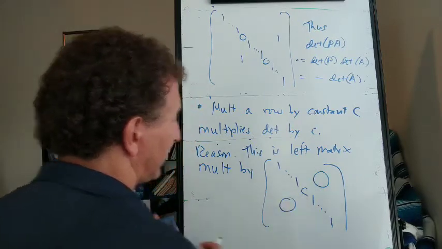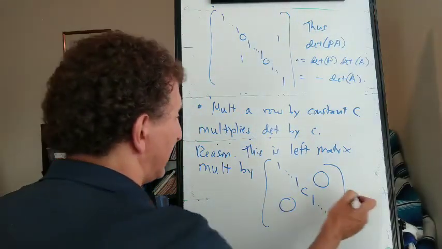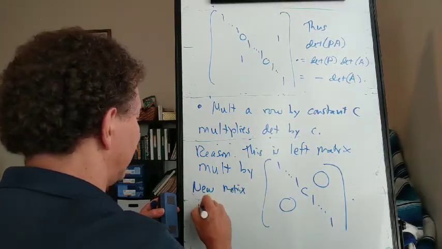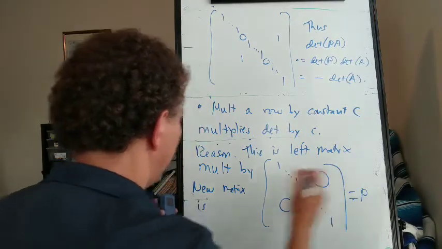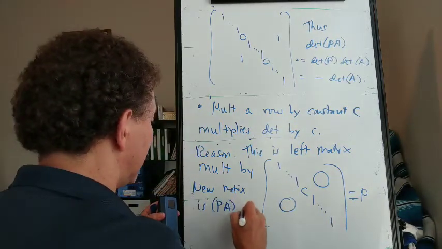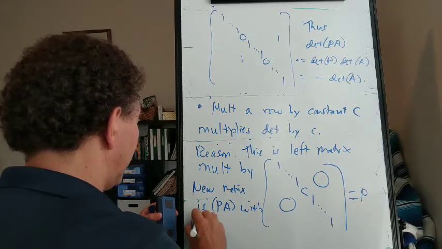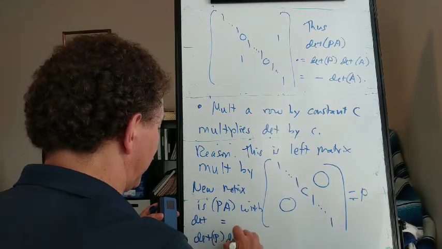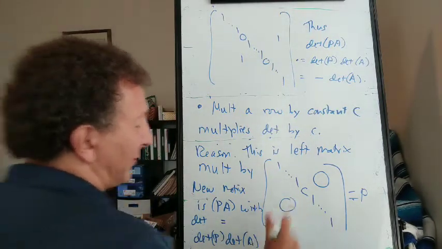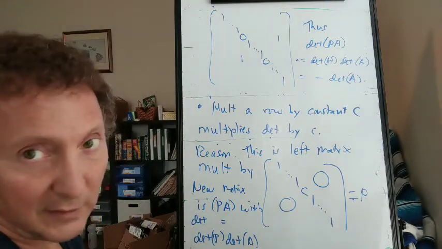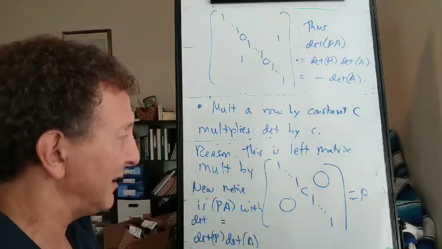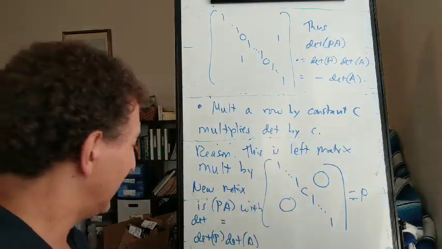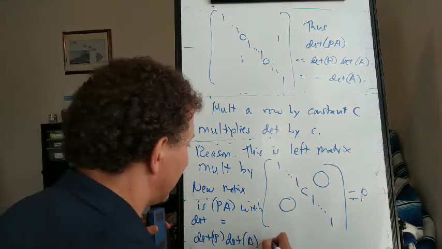It has zeros everywhere else. So the new matrix is, let's say this is P, the new matrix is PA with determinant equal to determinant of P times determinant of A. The determinant of this matrix, which is diagonal, since it's diagonal, it's upper triangular and simultaneously lower triangular, is just the product of the diagonal entries. So that's C times determinant A.